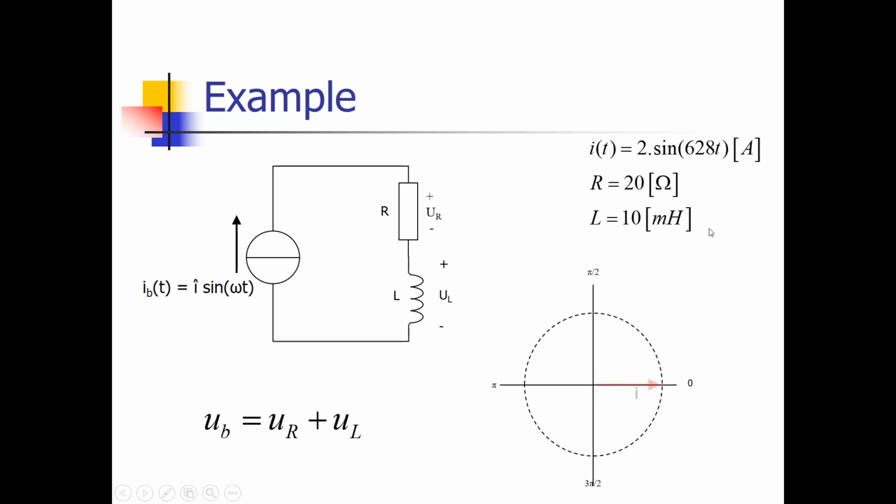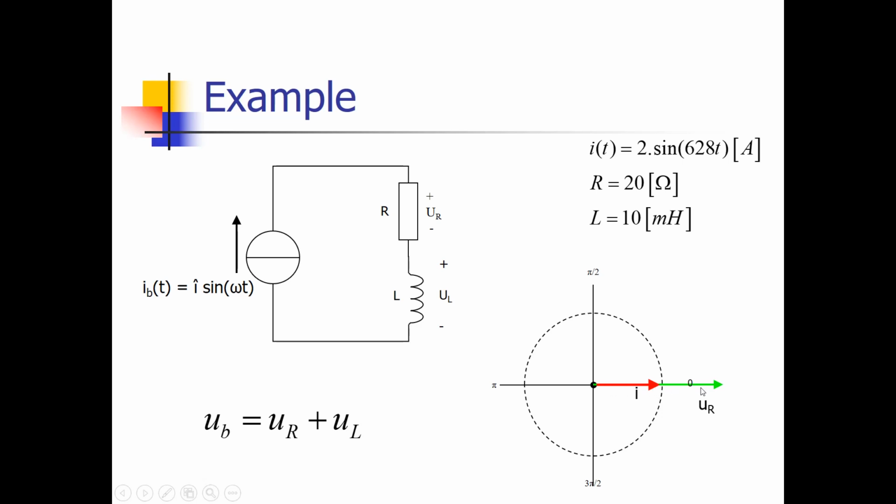Well, first of all, when we have drawn the current over here, because the phase angle is 0, we can calculate UR, and UR is I times R. So it is on the same axis as the current, because the phase shift between current and voltage for a resistor is 0.